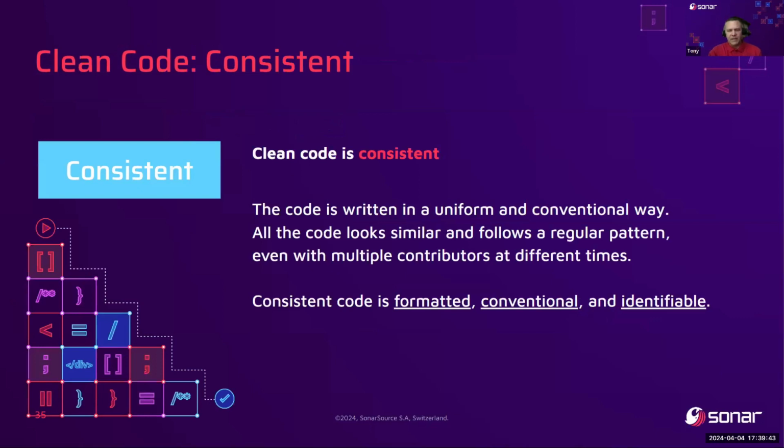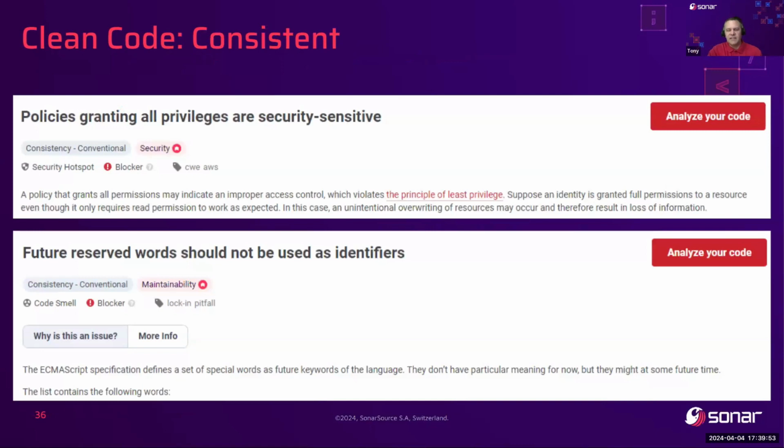So let's put this all together. If we talk about code being consistent, it's uniform, it's conventional. Conventional means it follows the language conventions. So how does this now look with our new rules? How will you be seeing those? If we take a look at the bottom, future reserved words should not be used as identifiers. What you'll see now is maintainability is red.